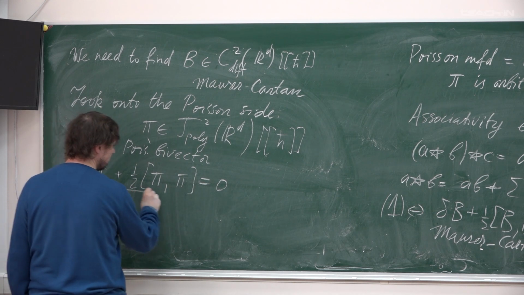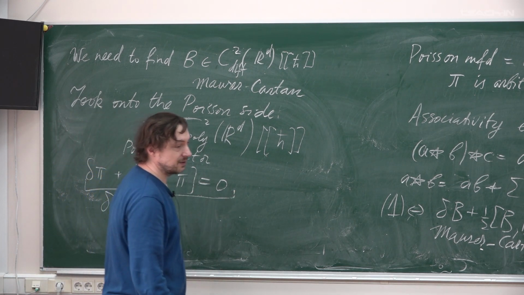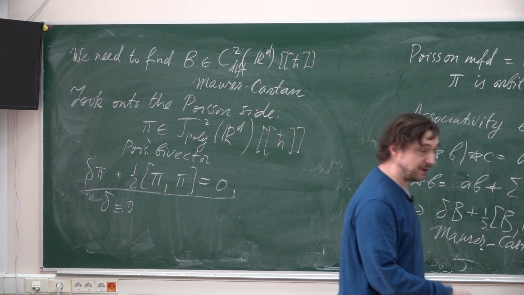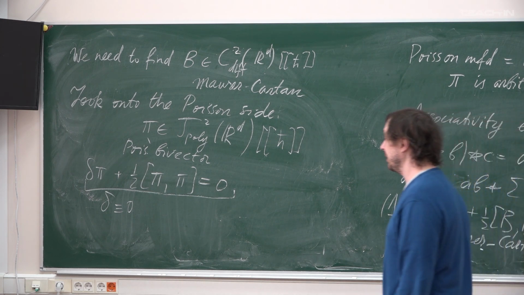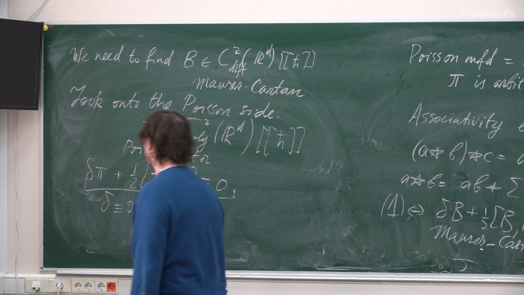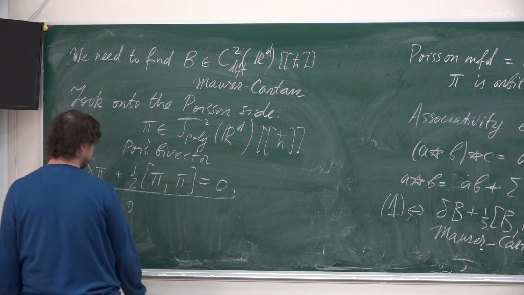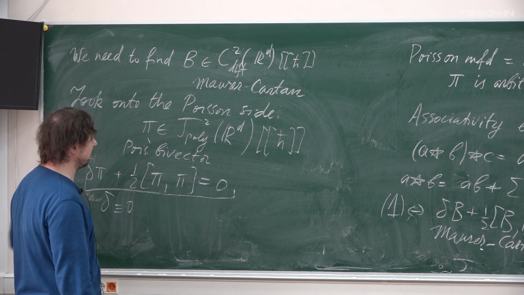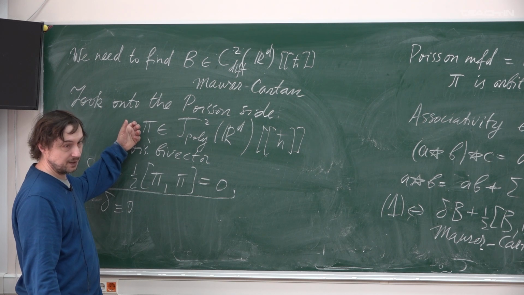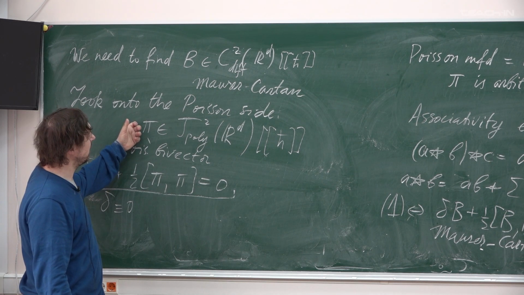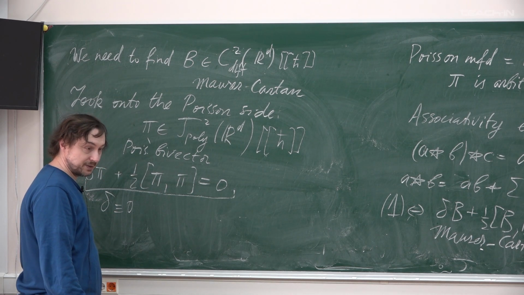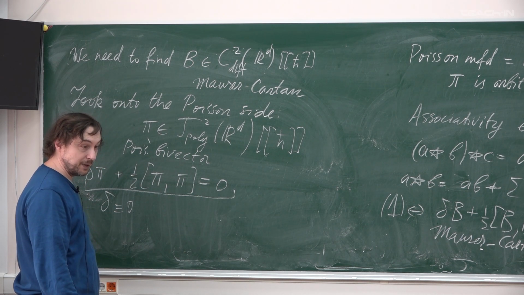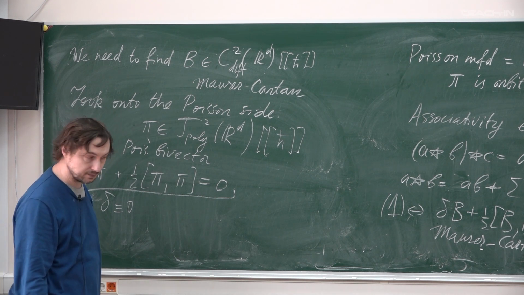So as you see, Poisson bivector verifies the Maurer-Cartan equation. And one can now rephrase the problem we are dealing with as follows. Given an element which verifies the Maurer-Cartan equation in the space of polyvector fields, restore the element in the space of polydifferential operators, which would verify the same Maurer-Cartan equation.